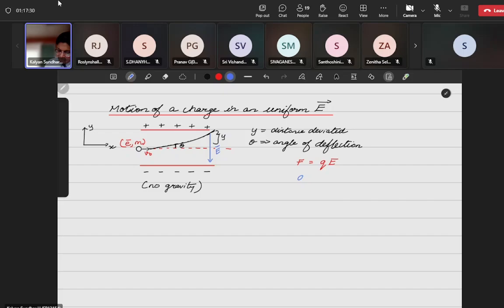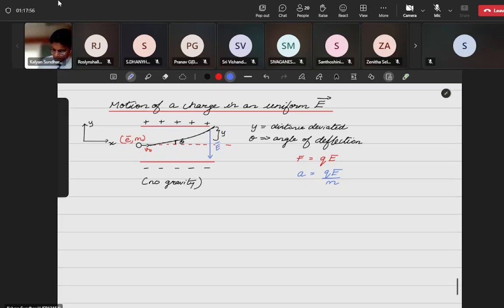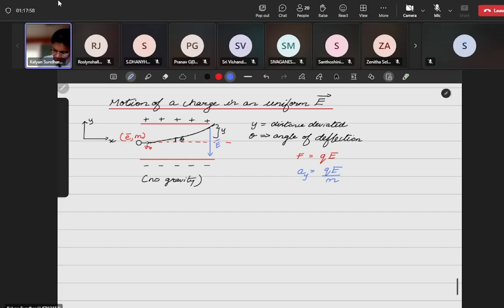So acceleration will be equal to QE by m. Correct? Right? And this acceleration is along which axis? It will be the negative y axis, right? And it will be only along the y direction. Correct? So this is the acceleration along the y axis.